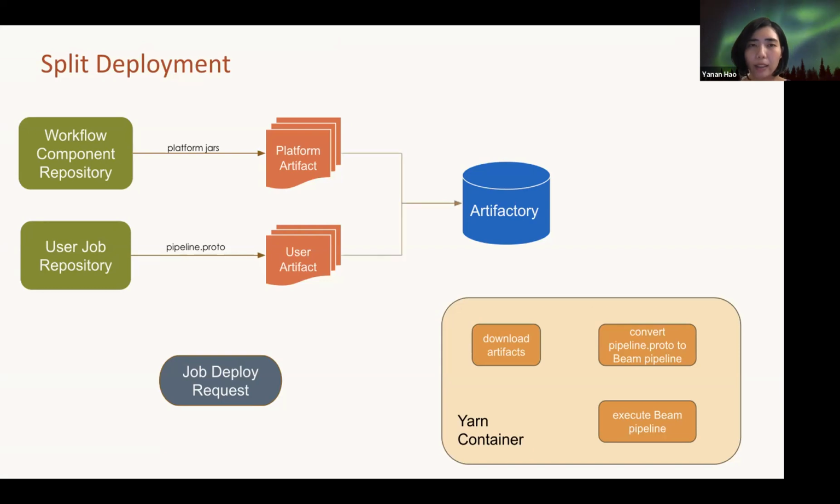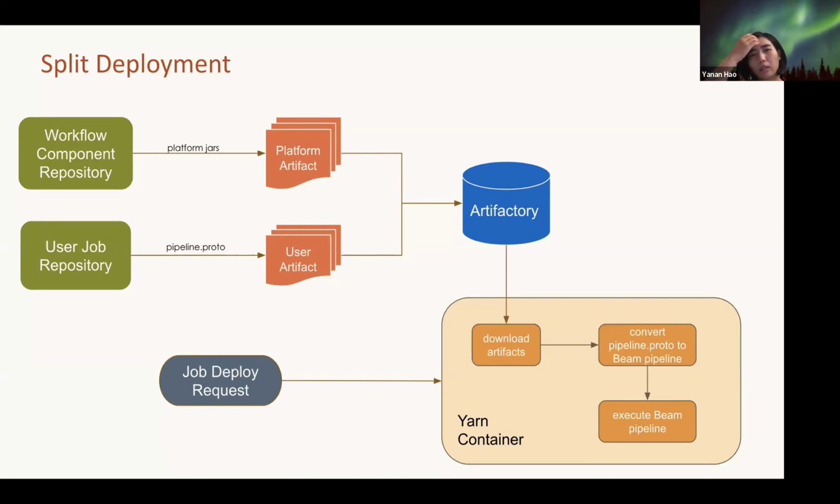Both artifacts will be uploaded to Artifactory. And during job deployment time, the two sets of artifacts will be downloaded, and the pipeline proto will be converted to a real Beam pipeline and gets executed on the Samza runner.